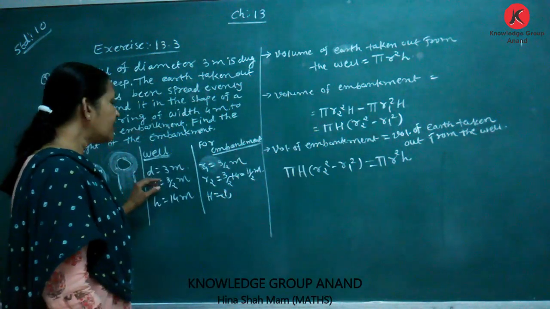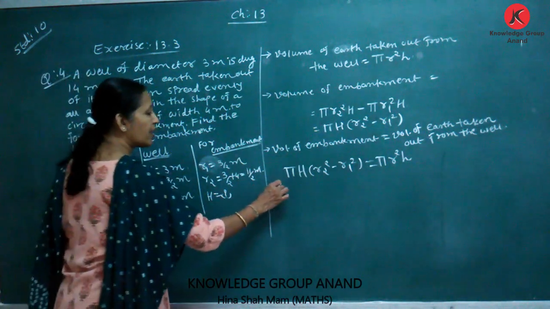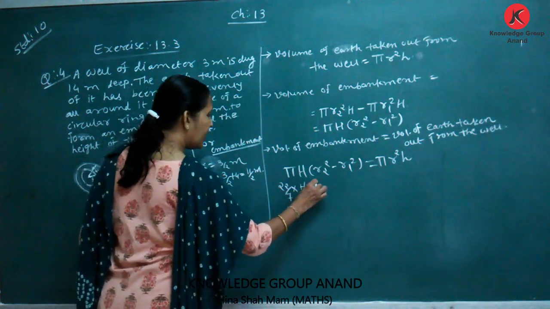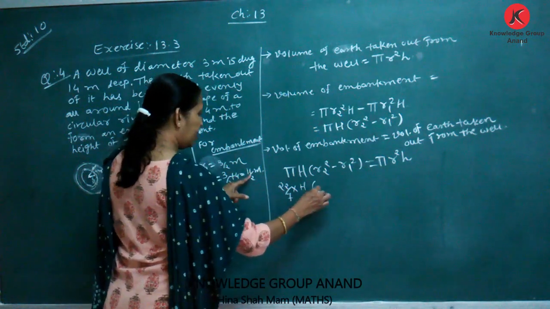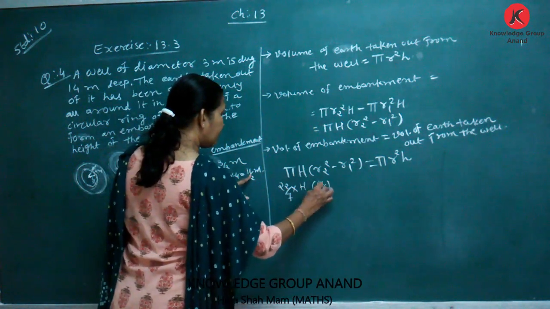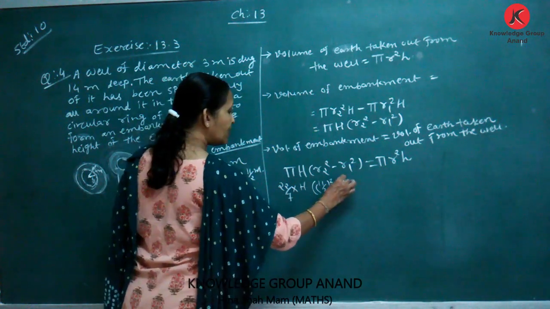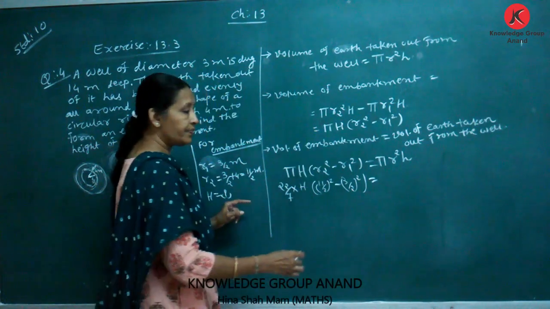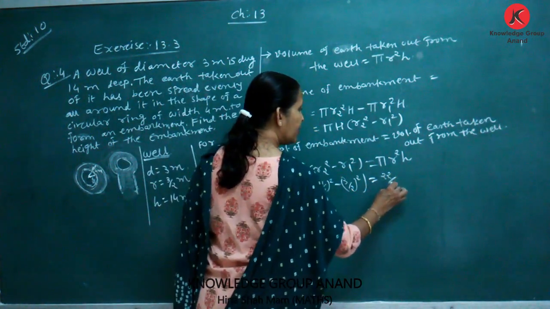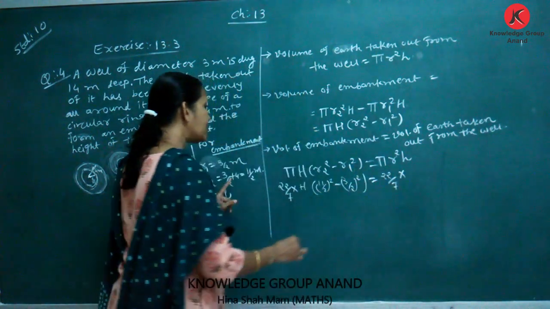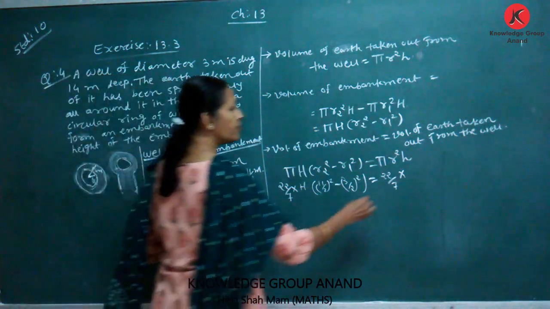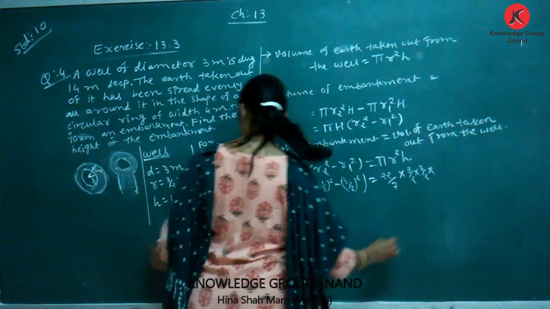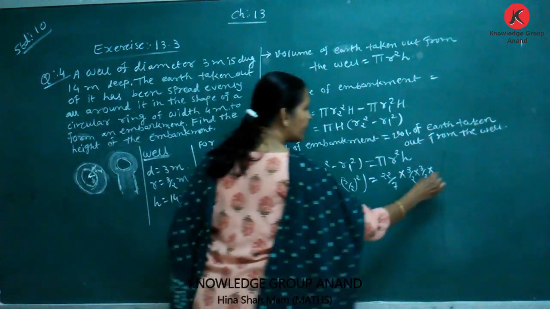We put in all the values. Pi is equal to 22 by 7, h we have to find. r2 is 11 by 2 squared minus r1, which is 3 by 2 squared, equals 22 by 7 into r square, where r is 3 by 2 into 3 by 2 into depth, which is 14.